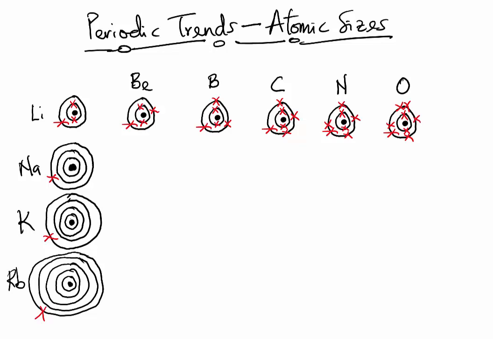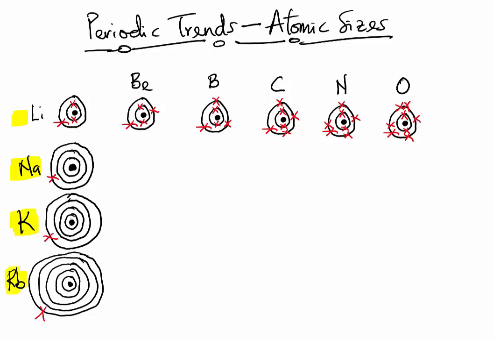In group 1A, we have lithium in period number 2. That is why it is represented as 2 energy levels. We have sodium in period number 3. Sodium has 3 energy levels. Potassium in period number 4, 4 energy levels.